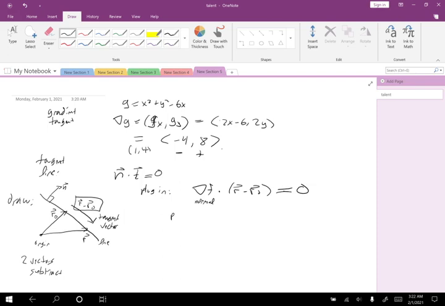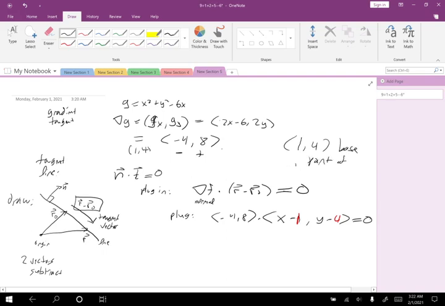So let's plug this in. (Negative 4, 8) dotted with (x minus something, y minus something) equals 0. And our somethings are just (1, 4). Again, (1, 4) is the base point of the tangent line.